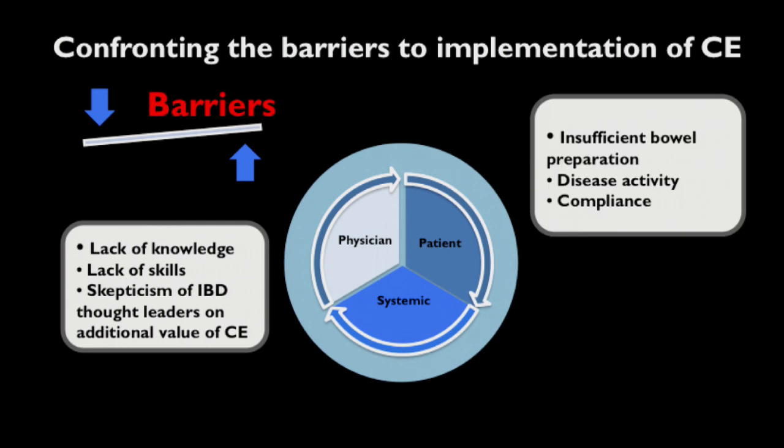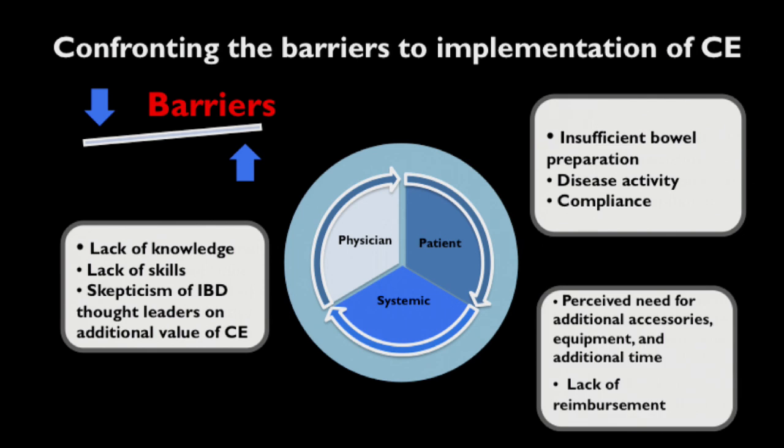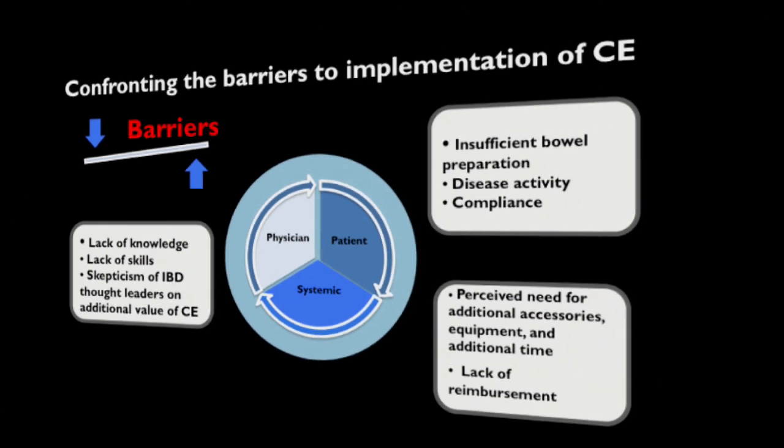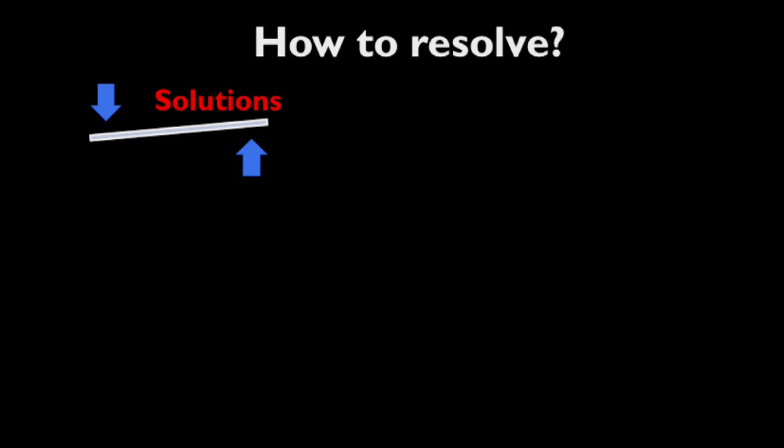Insufficient bowel preparation, presence of disease activity, and compliance issues may hinder application of chromoendoscopy. Also, perceived need for additional accessories, equipment, and additional time, and current lack of reimbursement. There are several solutions to these potential barriers.